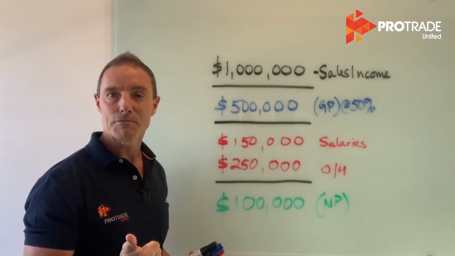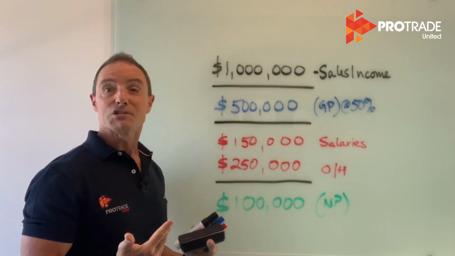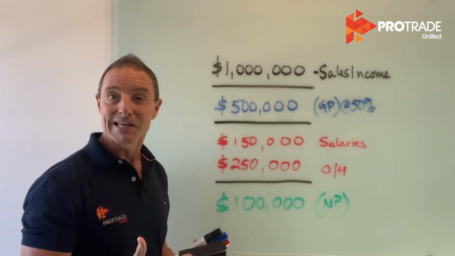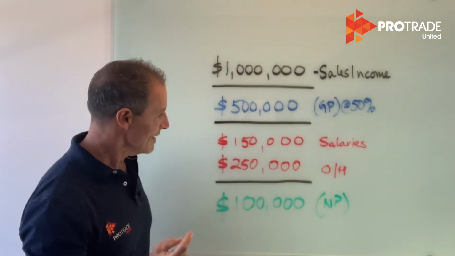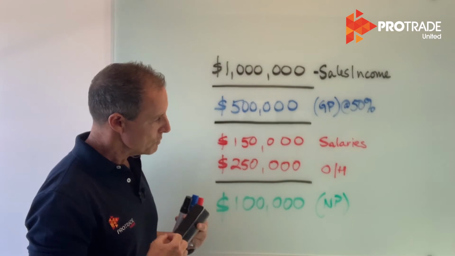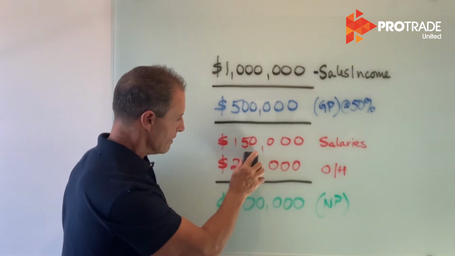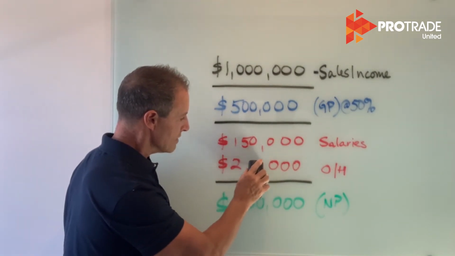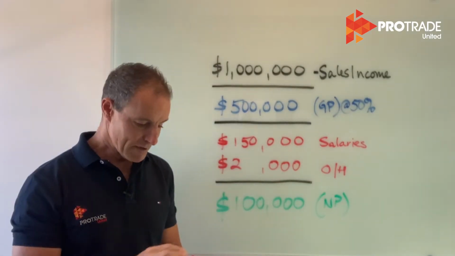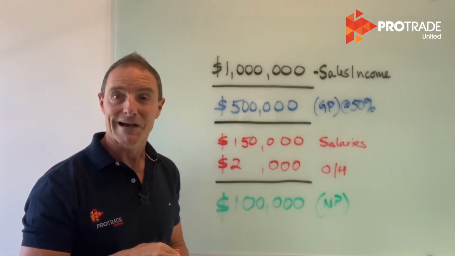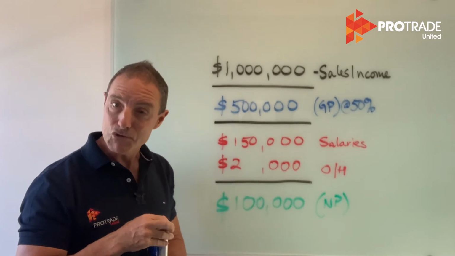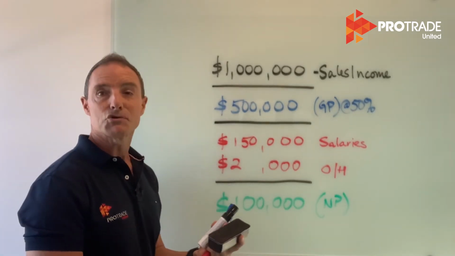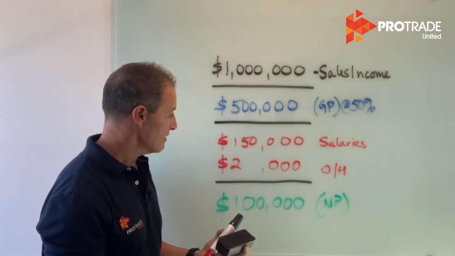Often things like phone bill, power bill, insurances, those little incidentals can add up. In this example, I'm going to change their overhead number. Because they've gone to work, they've drilled down, they've looked at ways that they can reduce their overheads, and they're going to reduce them by, in this situation, 10%.